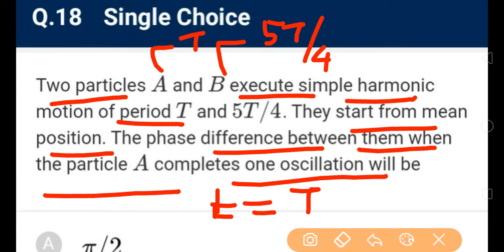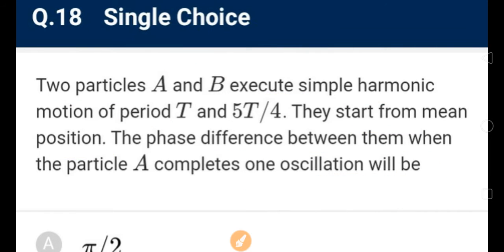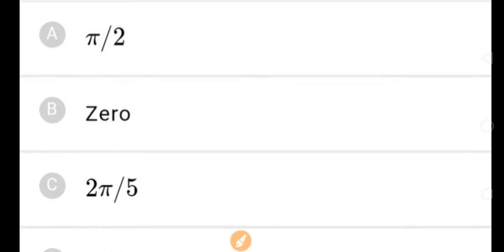At time t is equal to capital T, because A takes capital T time to complete one oscillation. At time t is equal to capital T, what is the phase difference between the particles A and B? This is the given question, and the four options are these.